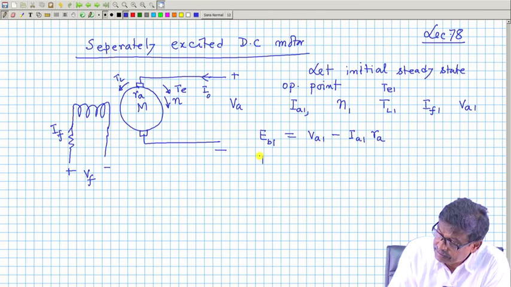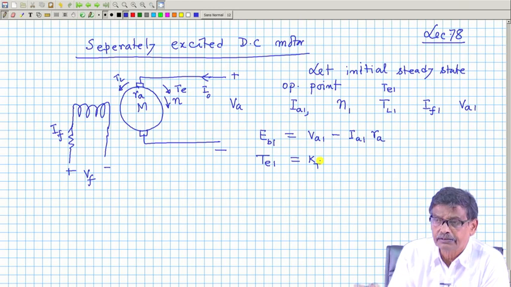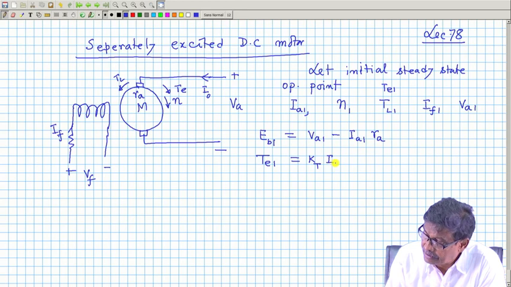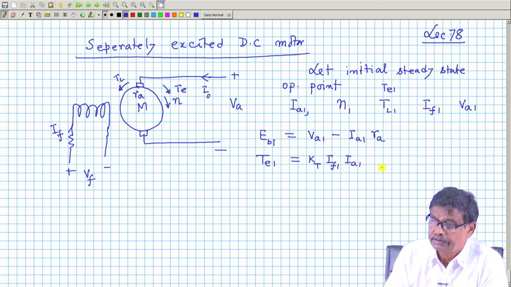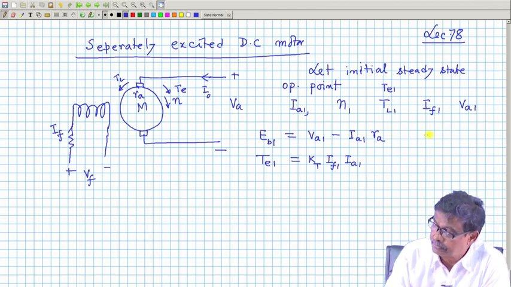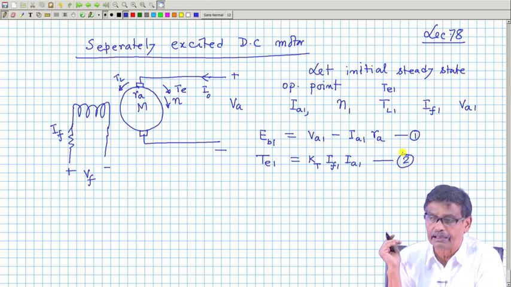And the electromagnetic torque developed will be equal to a torque constant into flux into armature current. Flux is proportional to field current IF1, so T1 equals kT into IF1 into IA1. These are the two fundamental equations, equation 1 and equation 2. Got the point? Initially this is happening.